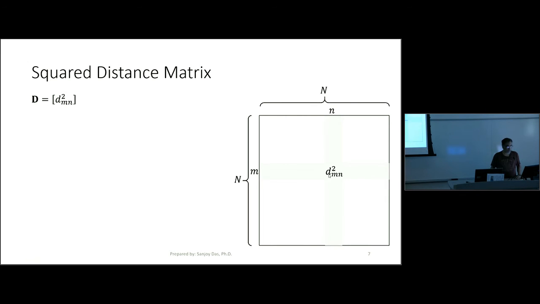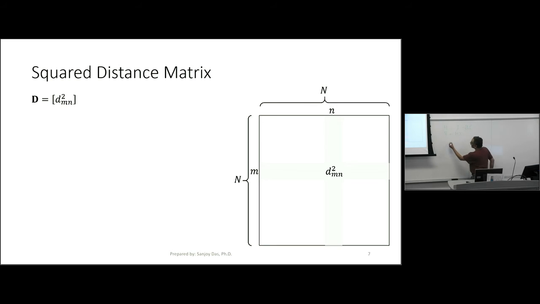The squared distance between them is dmn squared, and I get my squared distance matrix by computing the squared distances of every pair of samples. This D will also be an N by N symmetric matrix. And what is the distance?